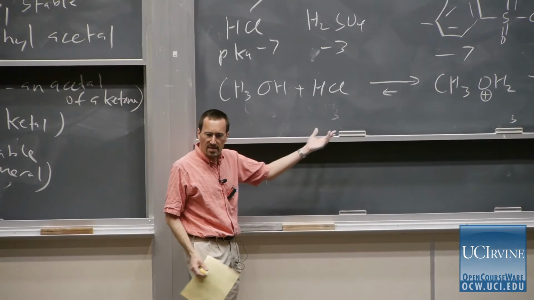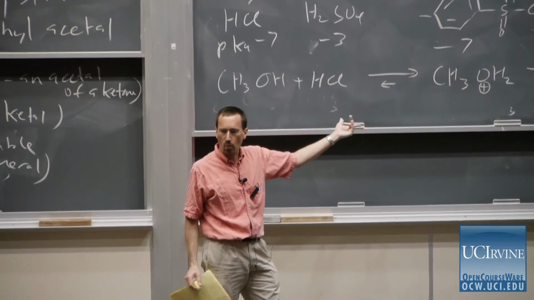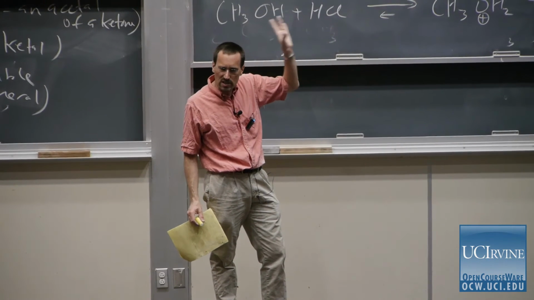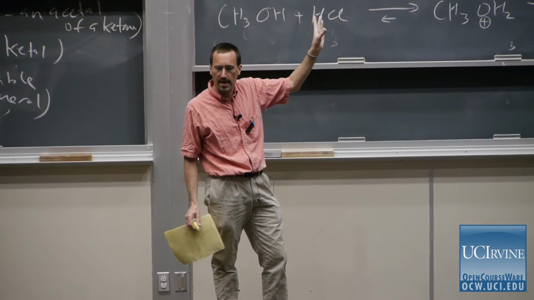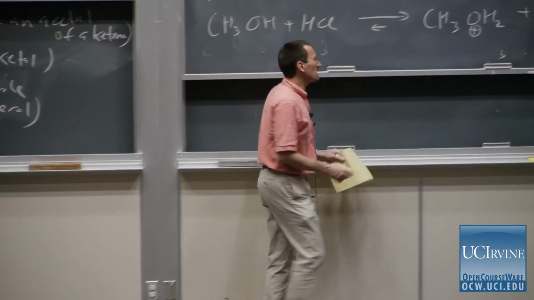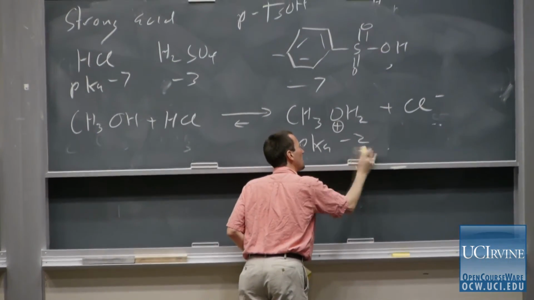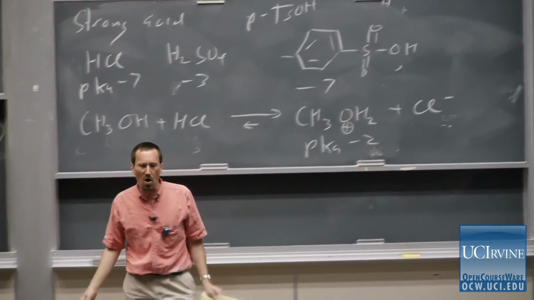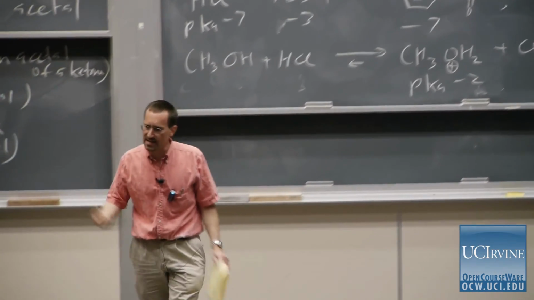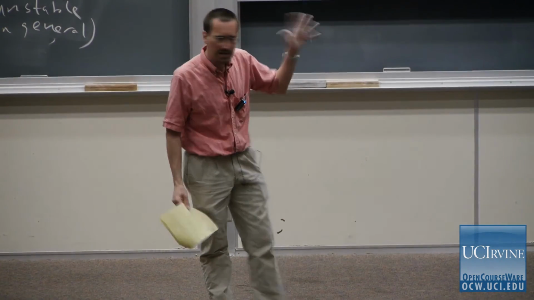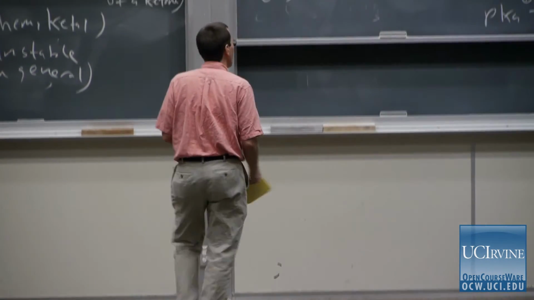You can think of methanol as being very much like water. In other words, the pKa of protonated methanol is just about the same as the pKa of the hydronium ion. It's just a hair lower. It's -2 if you want to be exact. In general, you can think of an alcohol or an ether having a pKa of the conjugate acid of about -2 or -3. The alkyl group's a little bit electron donating.